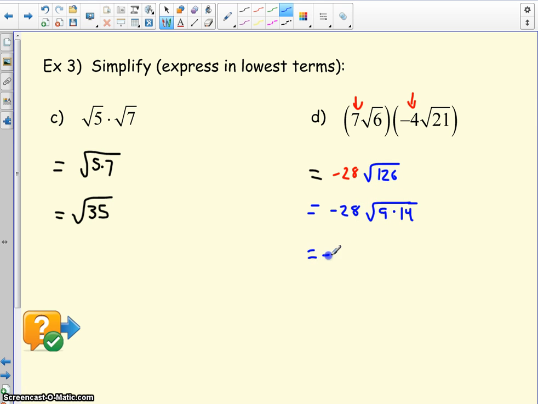So I can simplify that into negative 28 times root 9 times root 14. And again, you might be able to skip this step and go right to the next one if you need to, but you get negative 28 times 3 times root 14. And negative 28 times 3 gives me negative 84. Okay, so again, always check to make sure your answers are expressed in lowest terms.